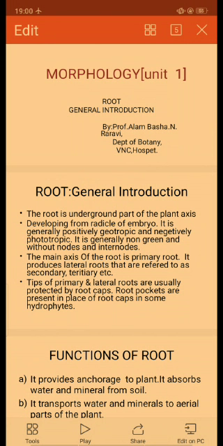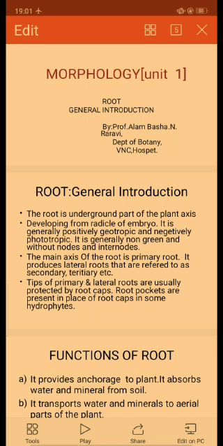Radicle gives rise to root, plumule gives rise to shoot or stem. Here the root is the underground part of the plant axis developing from the radicle of the embryo. It is generally positively geotropic and negatively phototropic.